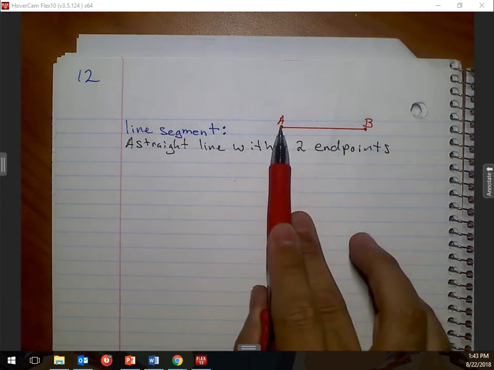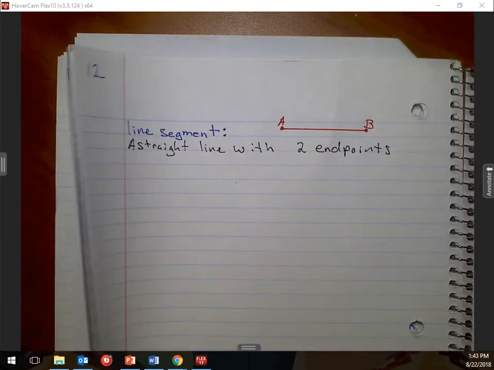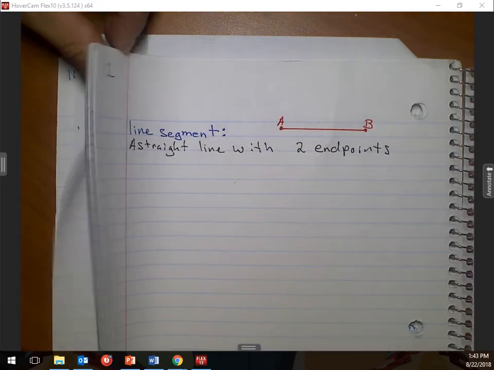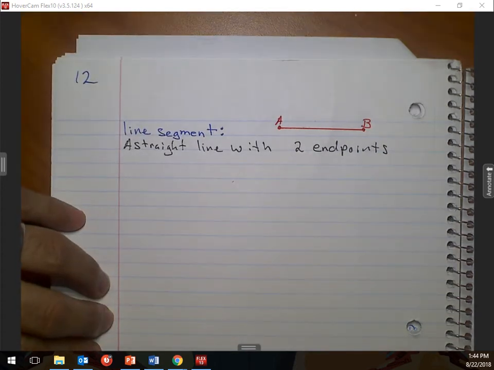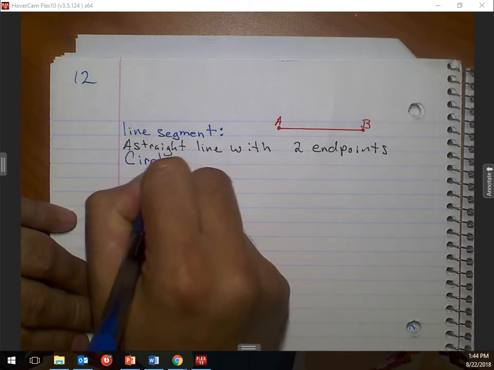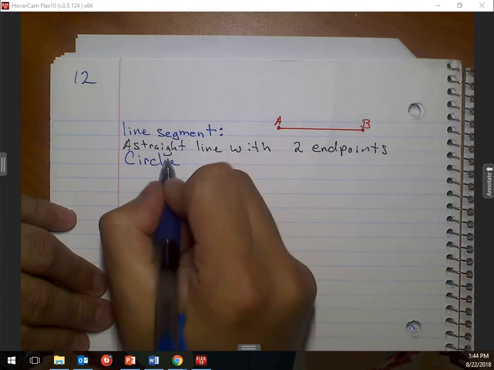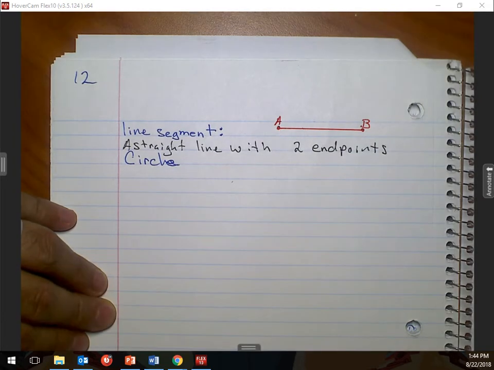So I have an endpoint A, endpoint B. Okay, so next one is going to be a circle.